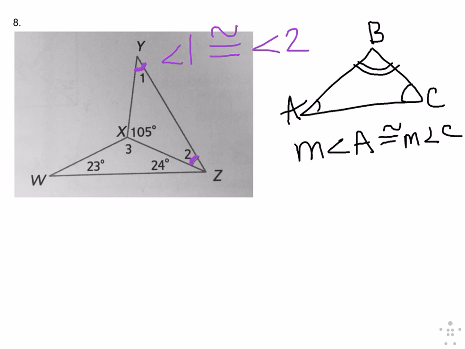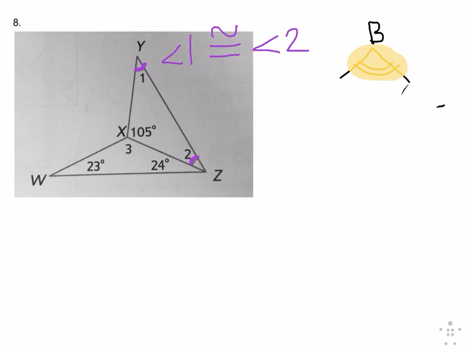But we see that angle B is different because of the amount of arcs that you see. Because we see 2 arcs, that means that they're going to be different. Now hopefully you already knew that, but I was just explaining that to clarify.